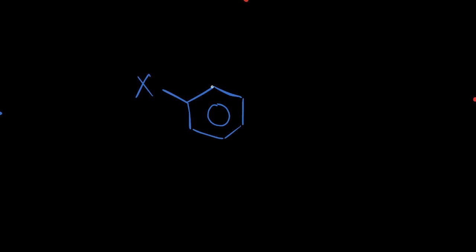So you'll see, hopefully this is a bit clear now, that this is our ortho, this is the meta, and this one, directly opposite to our substituent, is the para position. So these are going to be dynamic, right? They vary based on the location of the substituent.